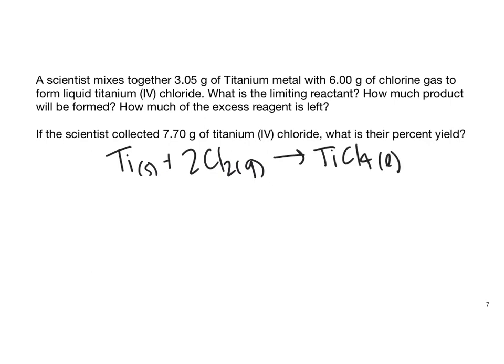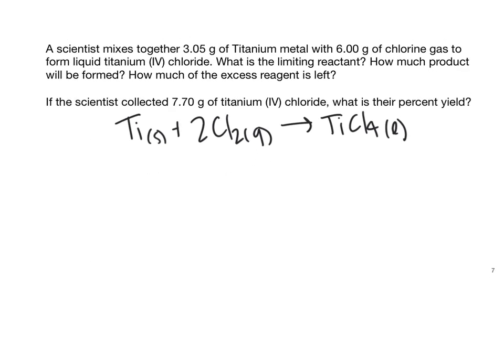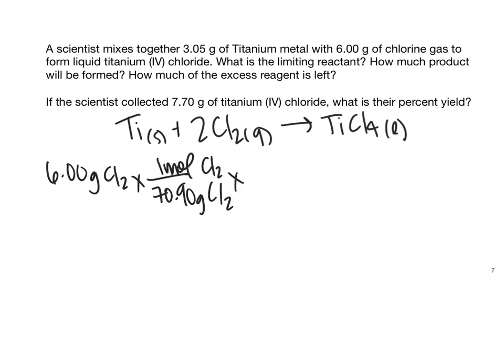We're going to use our limiting reactant, which is the 6 grams of chlorine, to calculate the theoretical yield. So our 6 grams of chlorine gas, converted with 70.90 grams of chlorine gas in 1 mole of Cl2, there are 2 moles of Cl2 for every 1 mole of titanium 4 chloride.